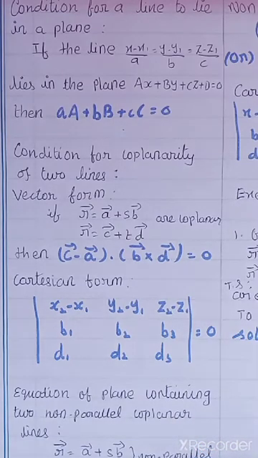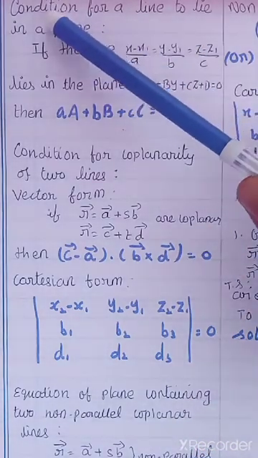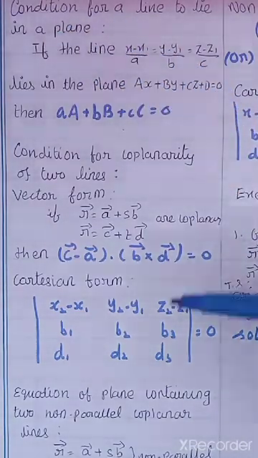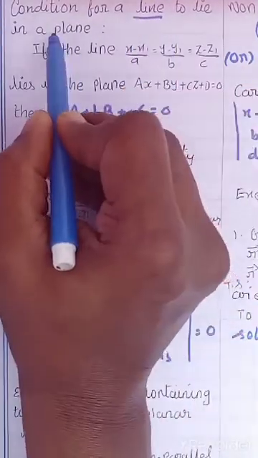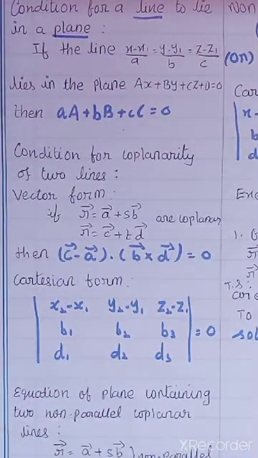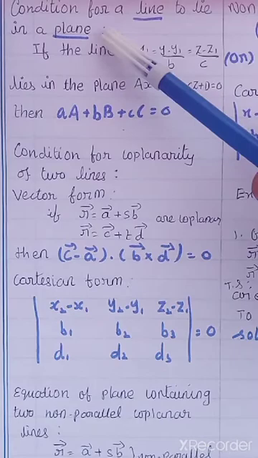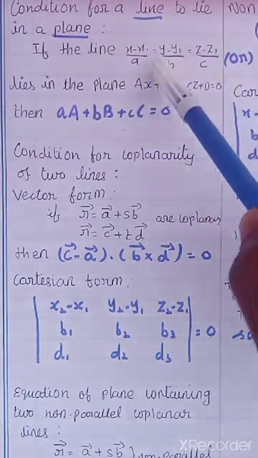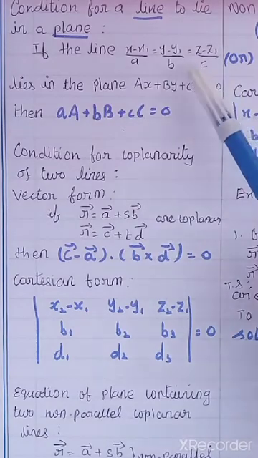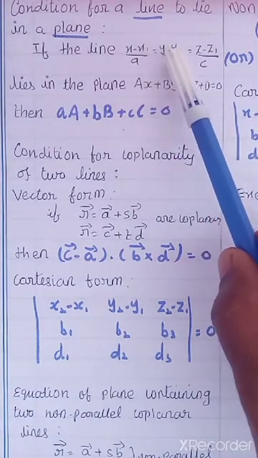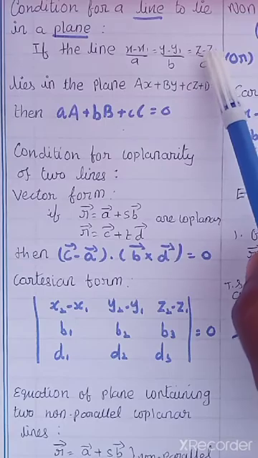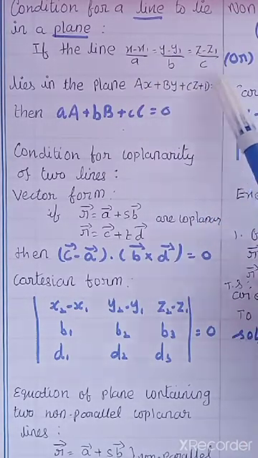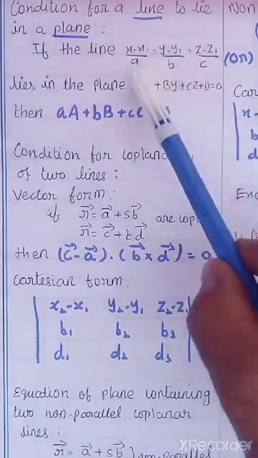Is that clear? Okay, so first, the condition for a line to lie in a plane. Here what is important is the line and the plane. We have to check whether the given line lies on the plane. So we are taking one line, this is your line, and this is one plane we are taking. Now tell me, what are your x1, y1, z1 points? A, B, C is the vector, and this is a plane. So this is a line, this is a plane.